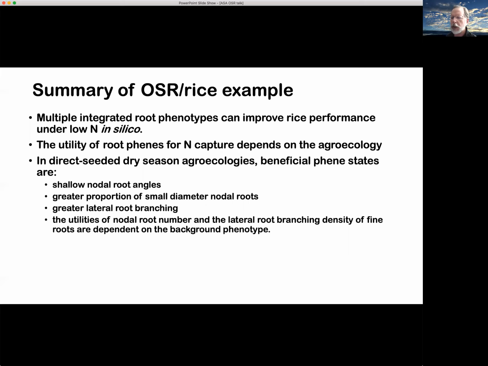And all of these things are under genetic control and can be selected in crop breeding. The utilities of nodal root number and the lateral root branching density of fine roots are dependent on the background phenotype. And finally, phene synergism is important in overall plant fitness.